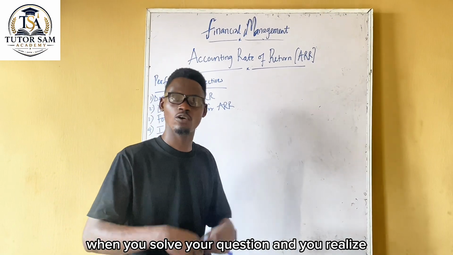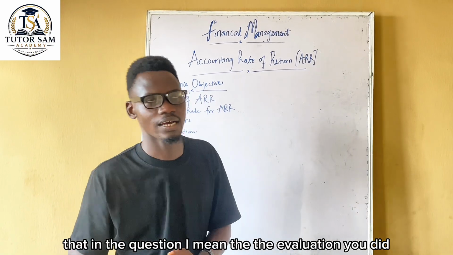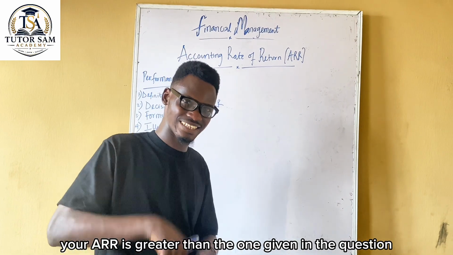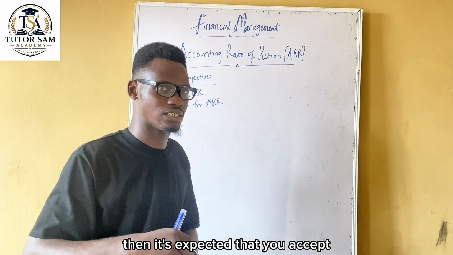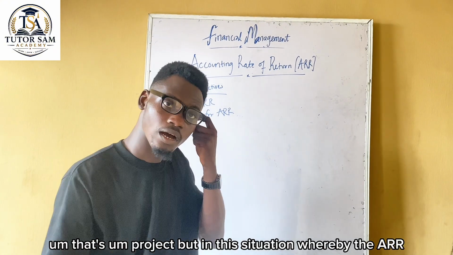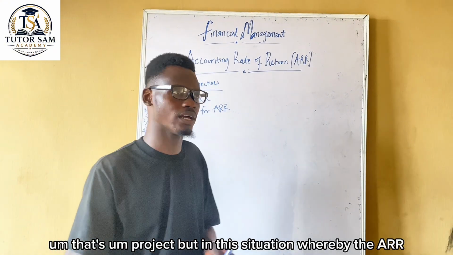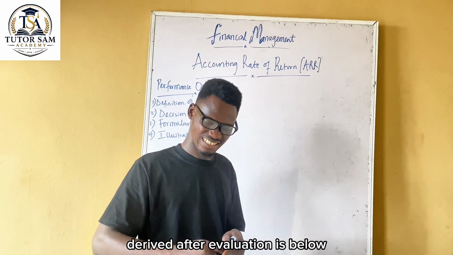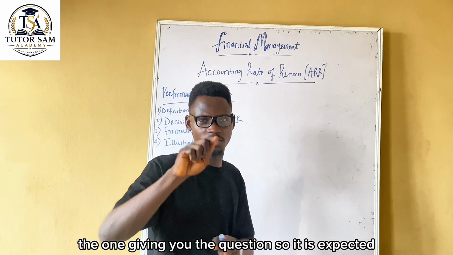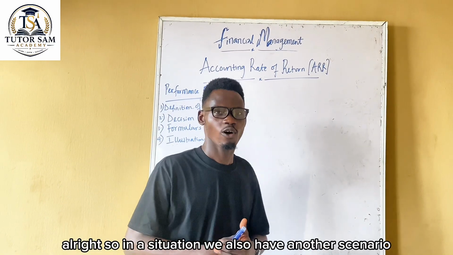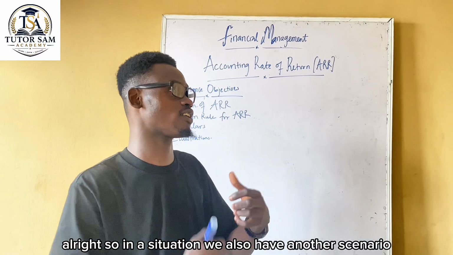So when you solve your question and you realize that your ARR is greater than the one given in the question, you accept that project. But if the ARR derived after the evaluation is below the one given in the question, what are you expected to do? You reject it.